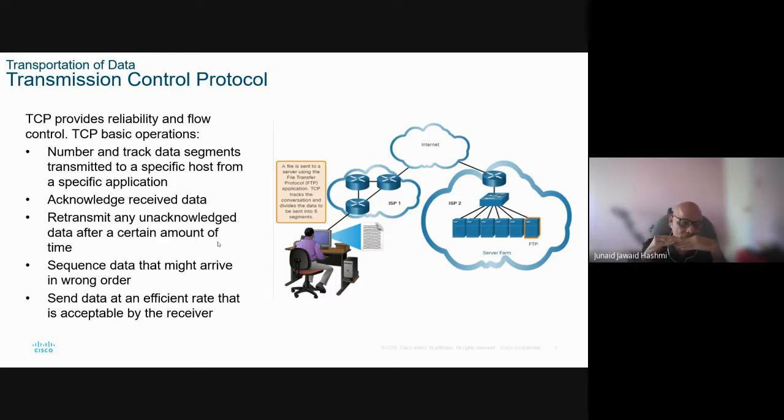The conversation over TCP/IP is reliable, and it provides reliability by numbering and tracking data segments. Each segment that it creates, it numbers and then tracks. It also acknowledges received data.